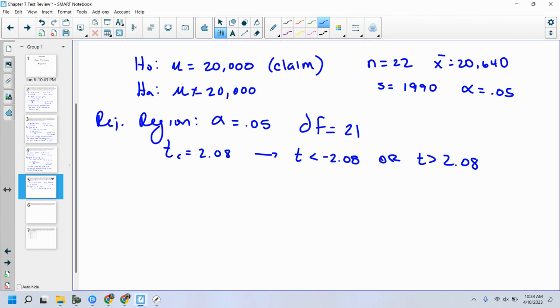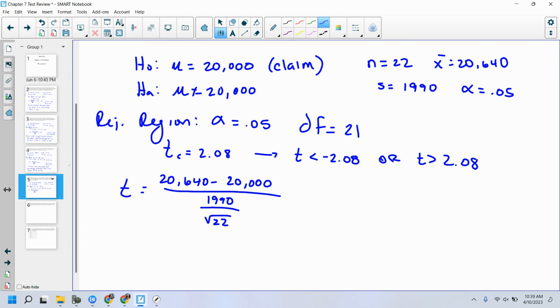Let's find our t-score. X bar 20,640 minus mu 20,000, divided by s over the square root of n. Again, it's the square root of n, not n minus 1. Now I'm second guessing myself. It is just n.